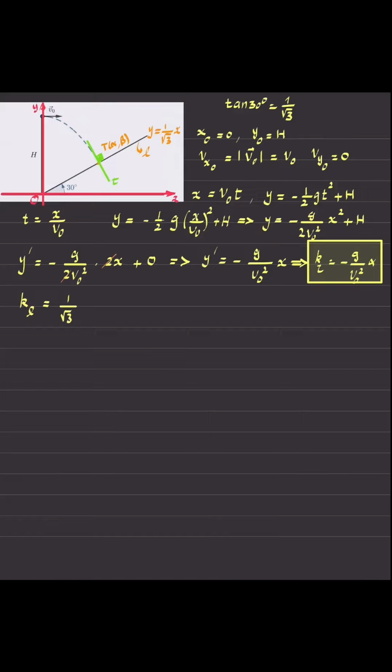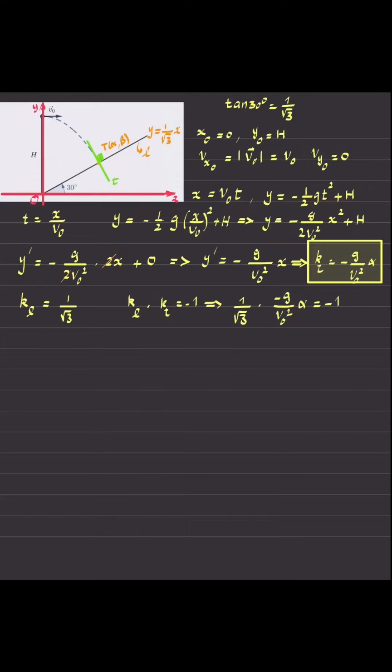And now, because these two lines are supposed to be perpendicular, it means that KL multiplied by KT should be minus 1. So this means that 1 over square root of 3 multiplied by minus g over v naught squared alpha is minus 1. From here, simply I can find alpha.